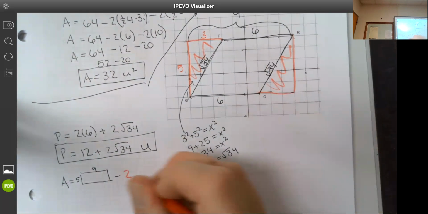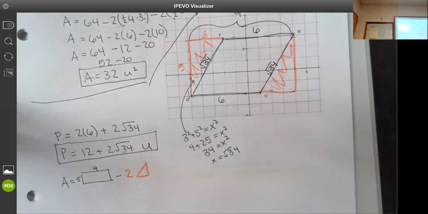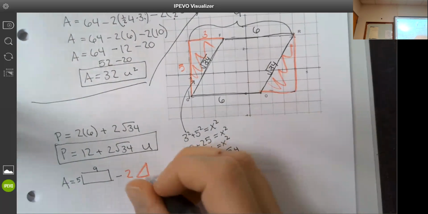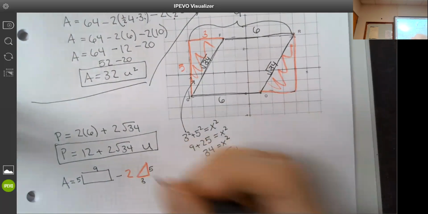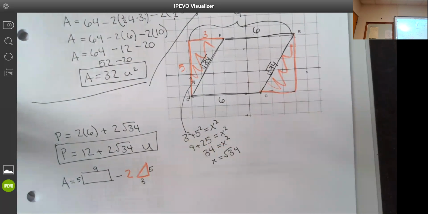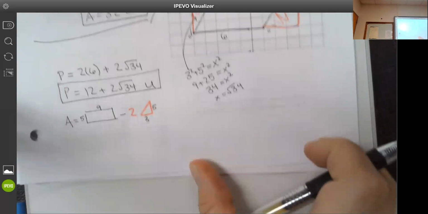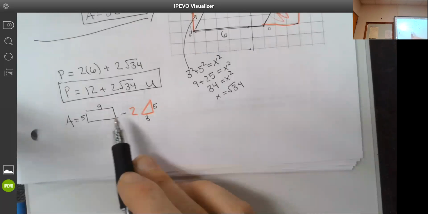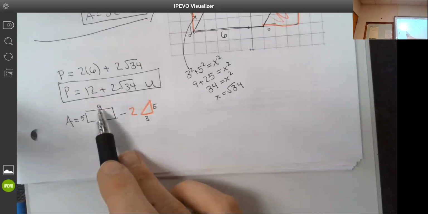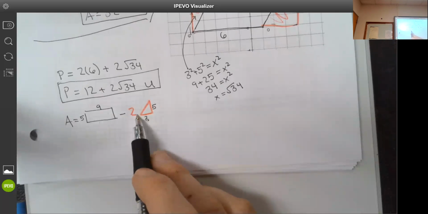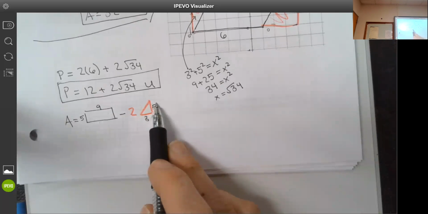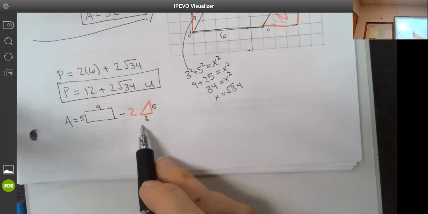So I'm going to subtract out 2 identical triangles that I have written in red, and that red triangle has 3 and 5 for the legs. So when I write out what I'm doing to find the area, I write the dimensions in. I have a 5 by 9, and then I have 2, 3, and 5 triangles for the legs.